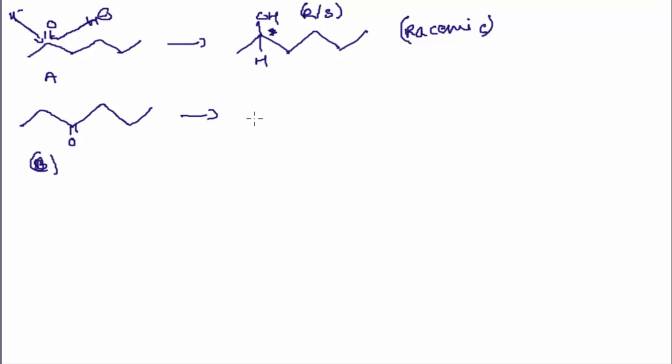Similar sort of story is going to be repeated here, because if I draw the product for you, 3, 4, 5 and 6, clearly the product will have one OH and one H. So this carbon again is going to be chiral, so this will also give a racemic mixture. So B is also going to be my answer.